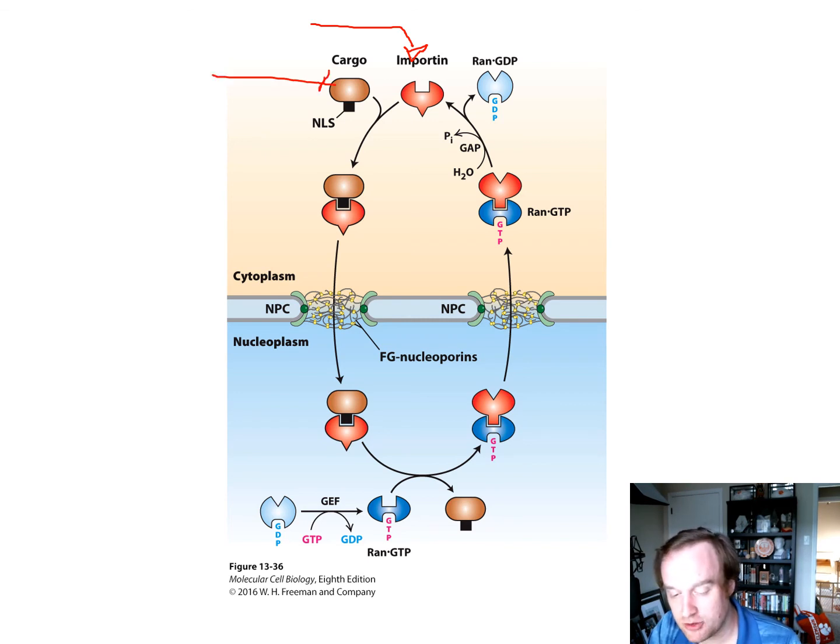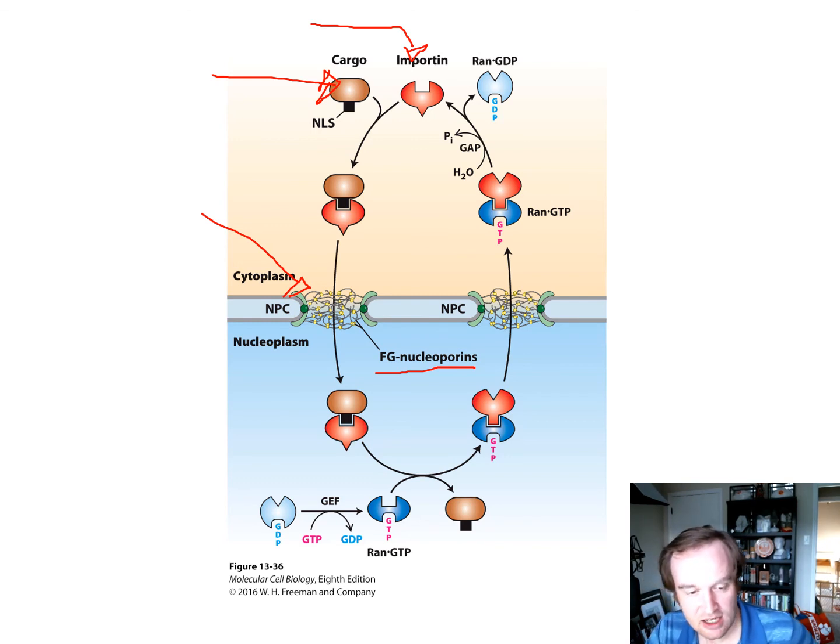This can be any protein that has an NLS motif that is able to bind to importin and be brought into the nucleus. So this can be transcription factors and things of that nature. This importin-cargo complex diffuses through the nuclear pore complex and interacts with and goes through those FG nucleoporins that were the scaffold of this pore.